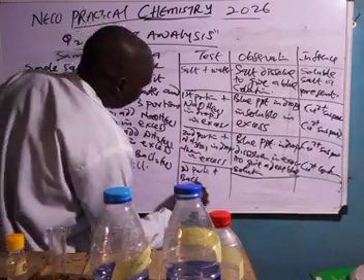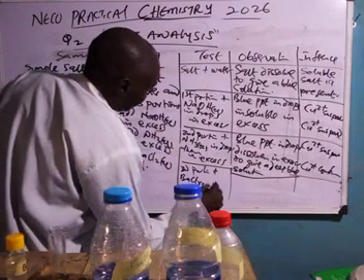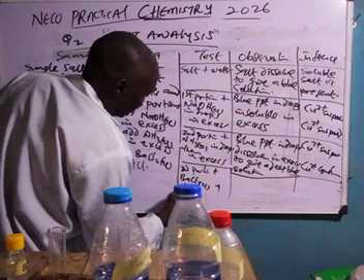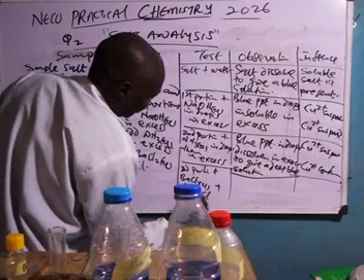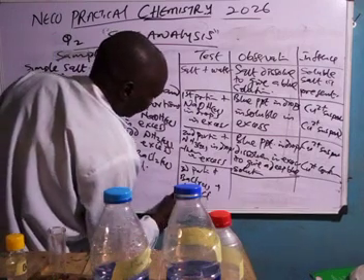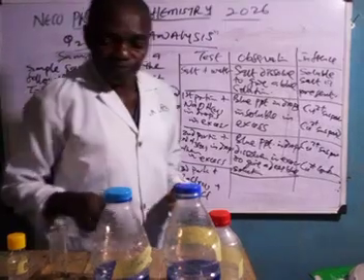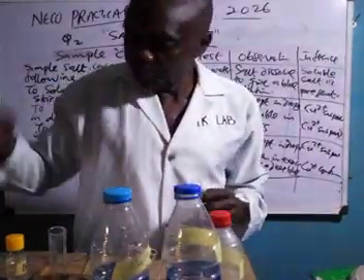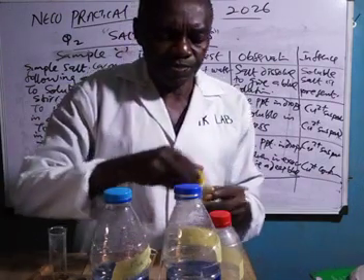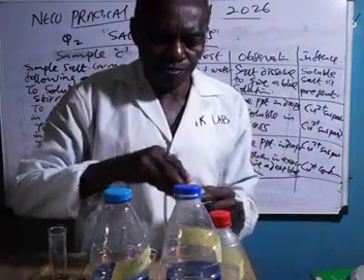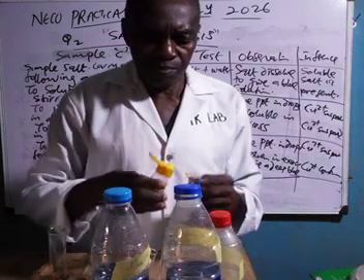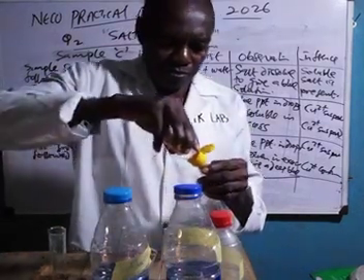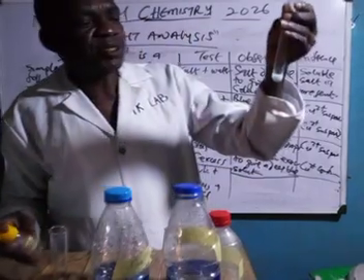Then the last one, the third portion: add barium chloride plus dilute HCl. These are barium chloride. White precipitate in drops.